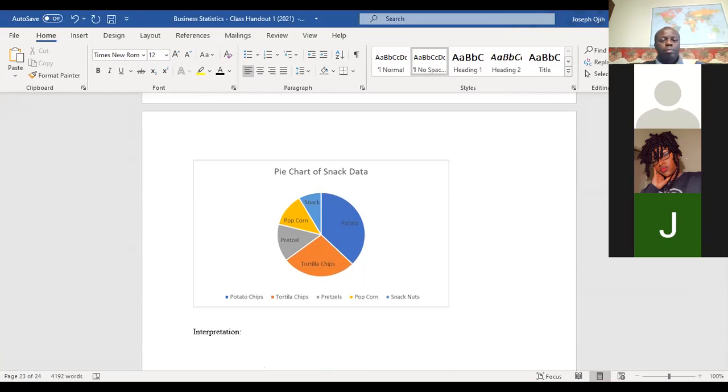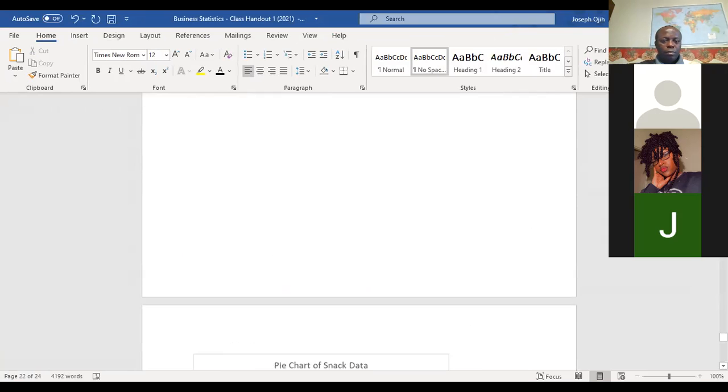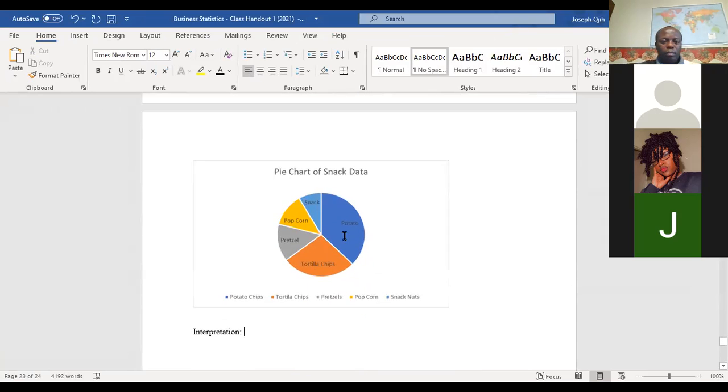So I'm on the snacks, but during the Super Bowl, the most popular ones are the potato chips and the tortilla chips. So the most popular snacks during the Super Bowl are the potato chips and tortilla chips.